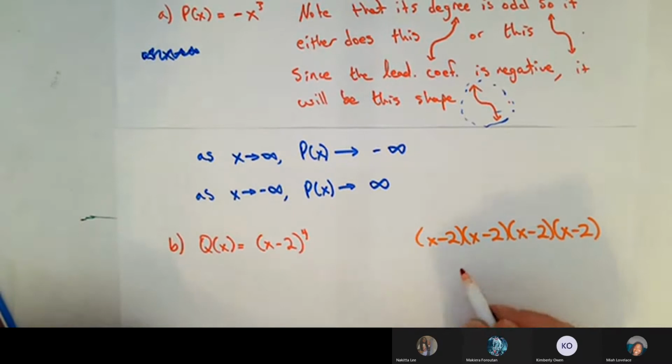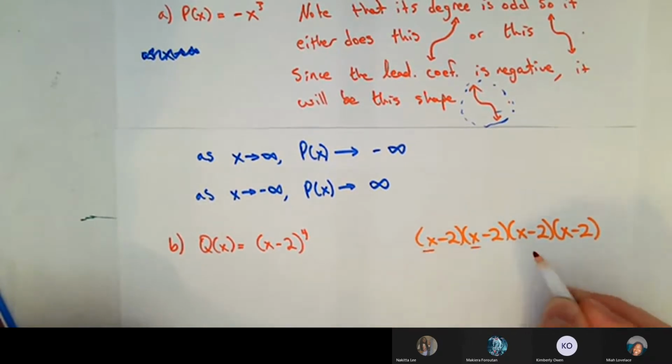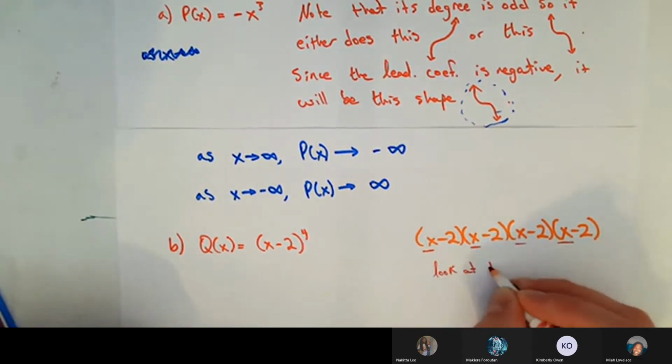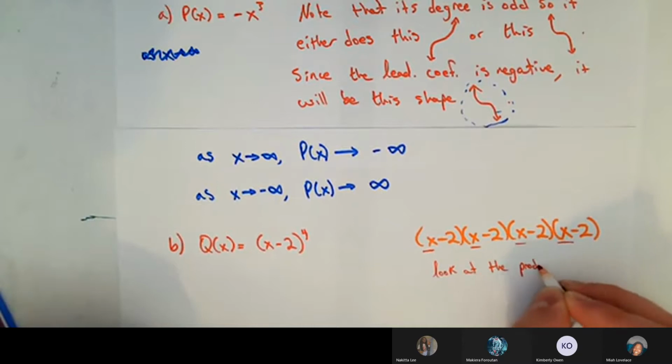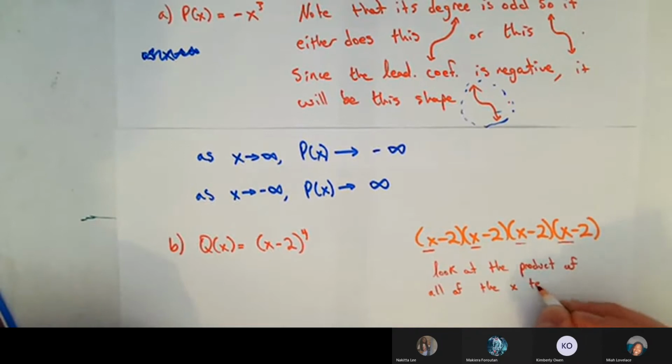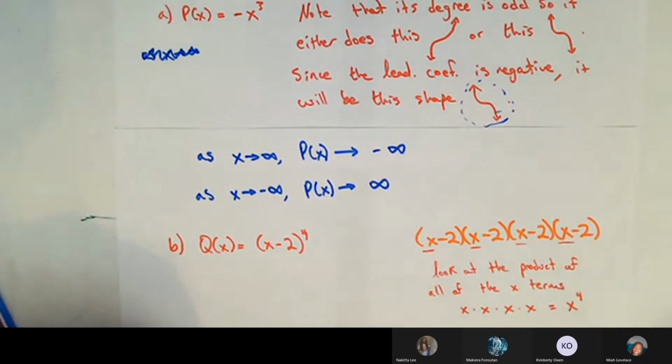All we have to do is look at the product of all of the x terms. That would be x times x. In this case, there's 4 of them, and you may have already guessed that it should be x to the fourth.